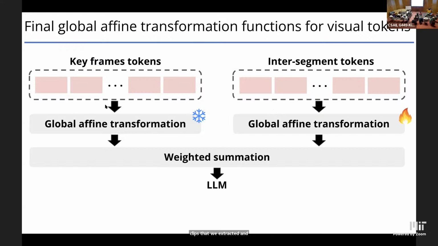For the keyframe, we don't change the global affine transformation layer that happens before feeding it into the LLM, because these are still the same short clips. They're not contextualized. But here we learn a new global affine transformation, so some more parameters are learned here. And then we put everything together into the LLM.